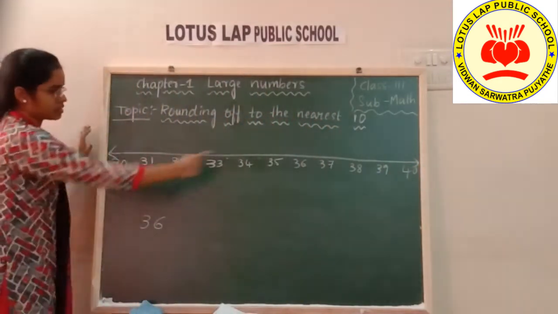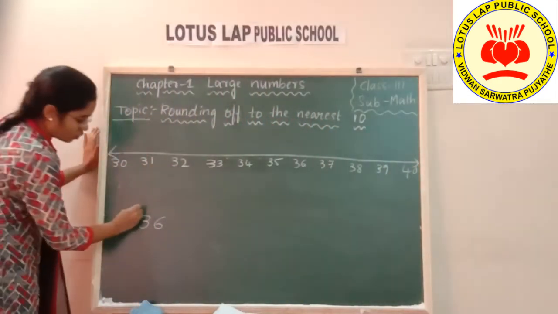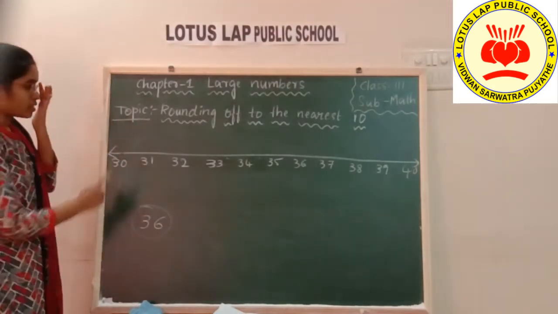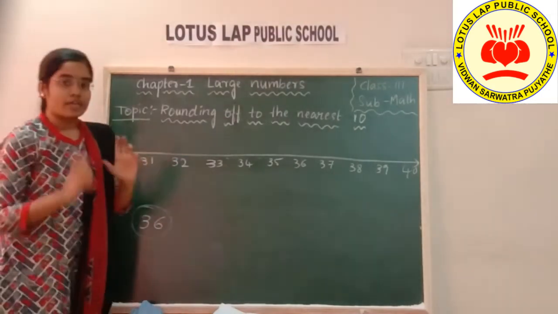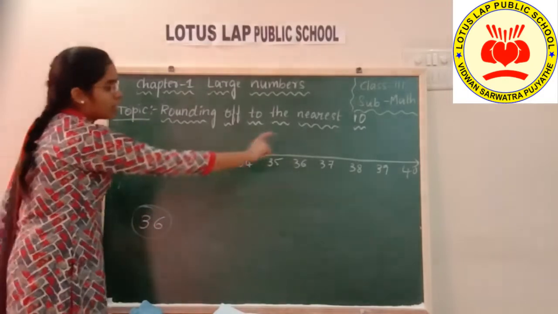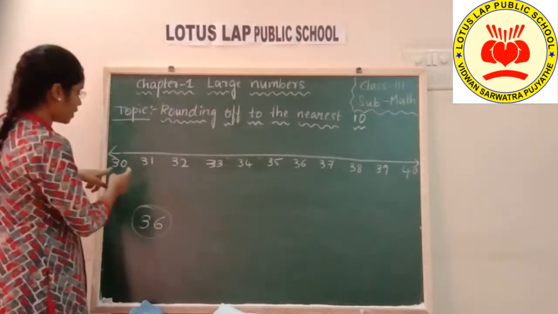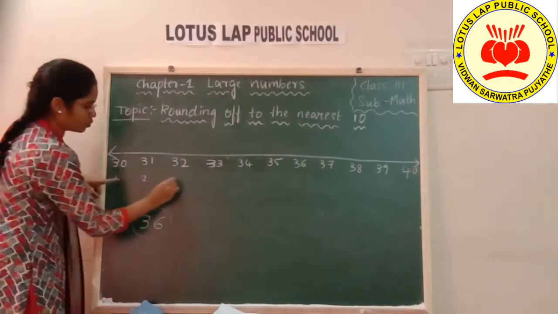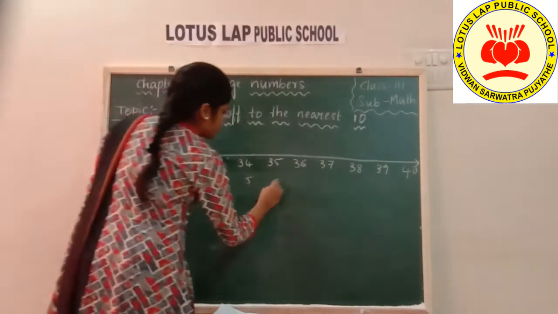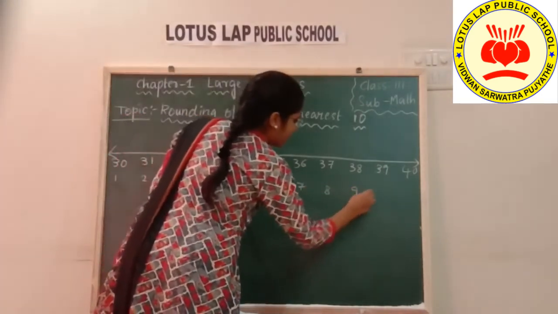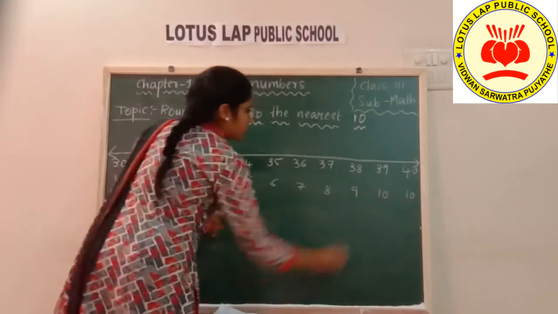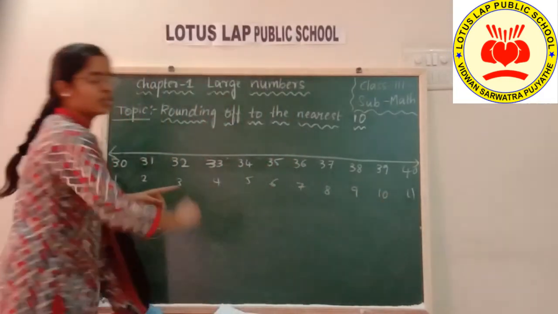This is the number line, and I need to round off the number 36. First you just find out the reference value, children. Anyhow you are definitely going to have 11 numbers: 1, 2, 3, 4, 5, 6, 7, 8, 9, 10 and 11.